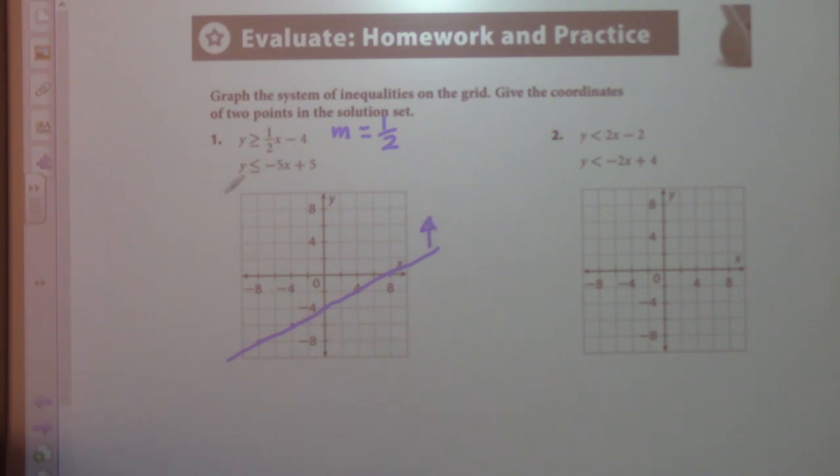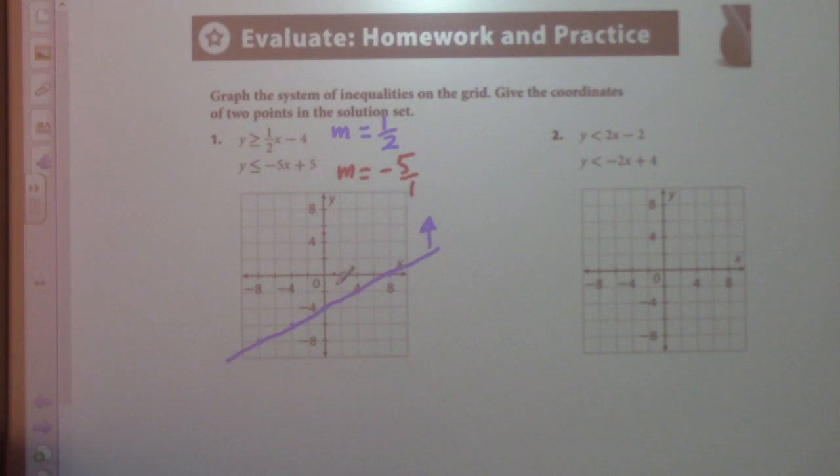And then the next one we have is y is equal to and less than -5x plus 5. So what is our slope for this second one? I'm going to put -5 over 1 to remind me that it's rise over run. So we start at y equals 5, and then we go down 5 and over 1.